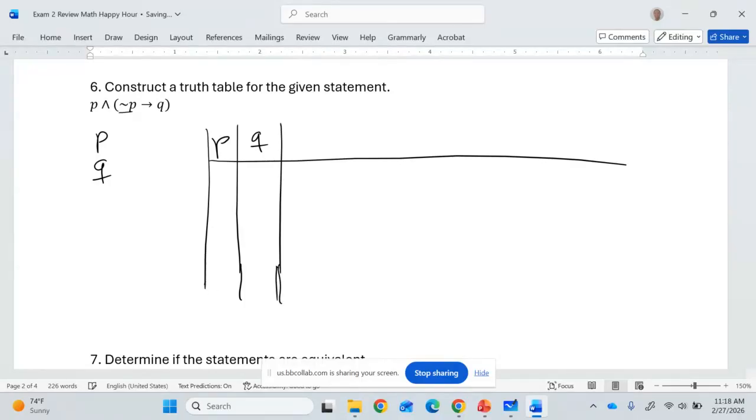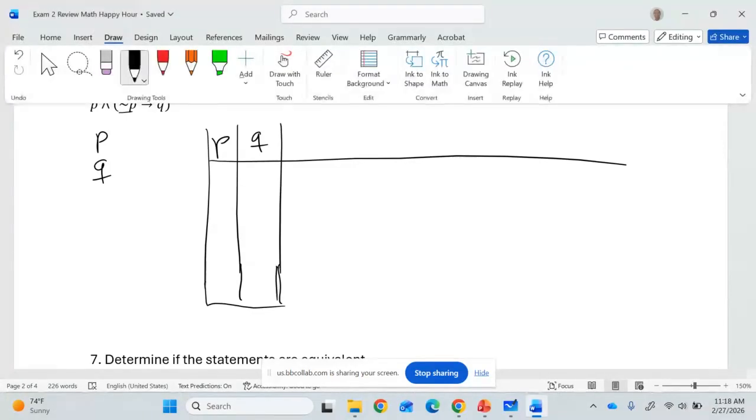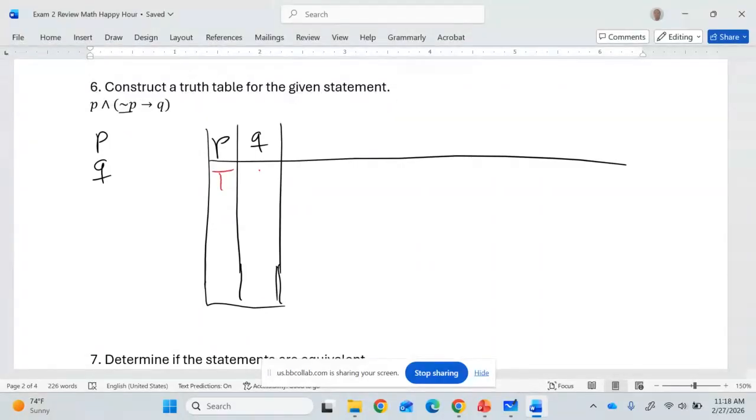Just like in math, these variables are going to be kind of like my entry points. And when we talked about truth tables, I always recommend to start the same way. So you could do truth, truth, truth, false, false, truth, and false, false. It's not like you cannot change the order in which you put them, like the order of the rows.